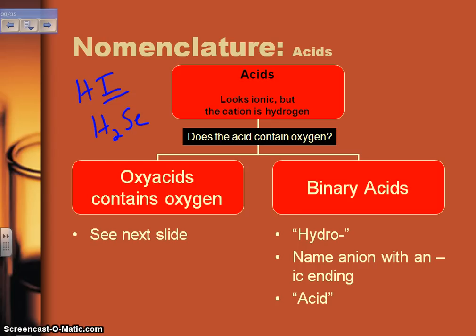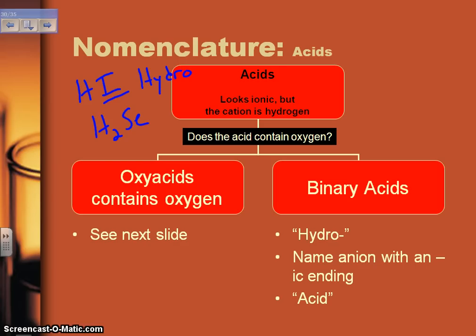Now the rules for binary acids are, once I see that I just have hydrogen and some nonmetal, it immediately tells me that I need to use the prefix hydro. So I have the prefix hydro, then I'm going to name the anion with an ic ending, and then the word acid. So for this first one, I'm going to use hydro.